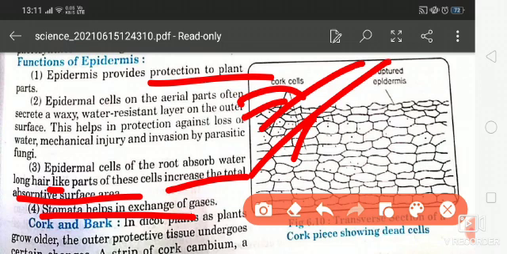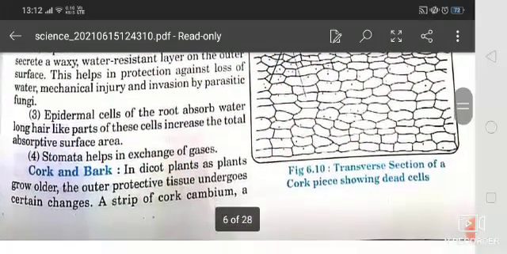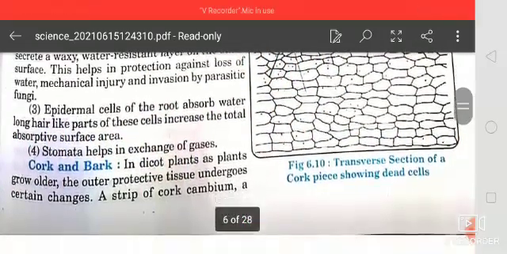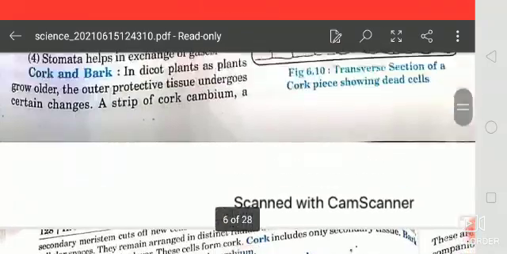Epidermal cells of the aerial parts often secrete a waxy water-resistant layer on the outer surface, and this helps in protection against the loss of water.